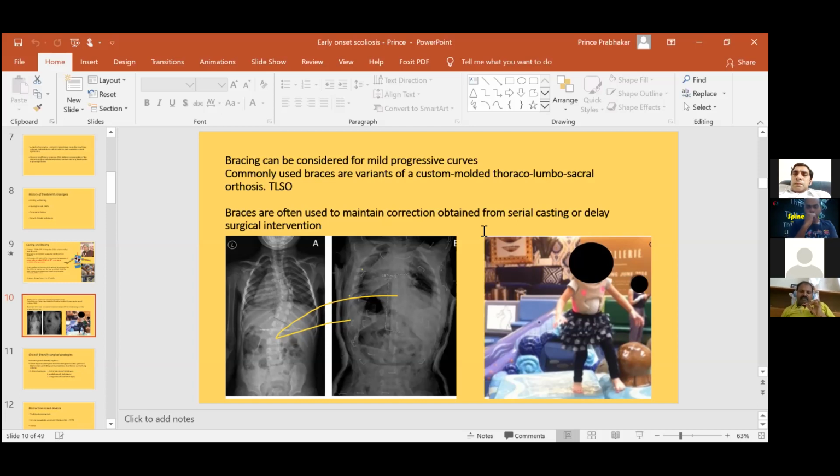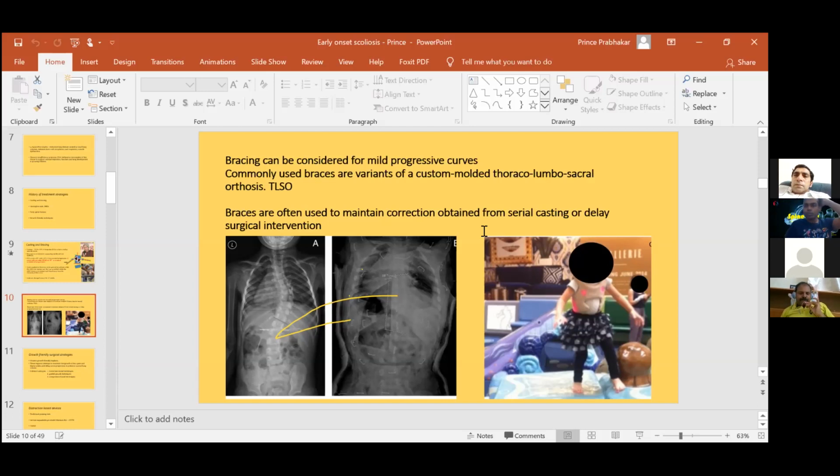I don't recommend doing it on an OPD basis. It doesn't work much, unless it's a 20-degree or 25-degree curve where you want a brace. Then you can measure a brace and make something like an alkathene shell brace. That you can do, but not casting. Casting, I think you need to do under GA, if you want a good molded one.